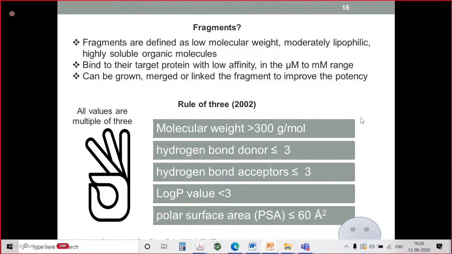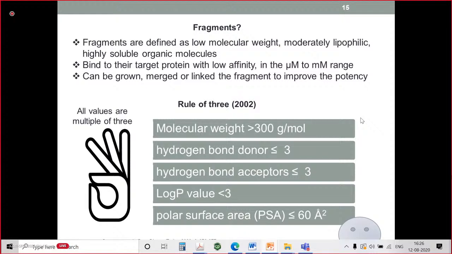Hydrogen bond acceptor and donor must be less than 3, and the log P value, or partition coefficient, must also be less than 3, whereas the polar surface area is equal to or less than 60 angstroms square. So all these properties are very similar to, or an extension of, the rule of 5 or Pfizer rule.